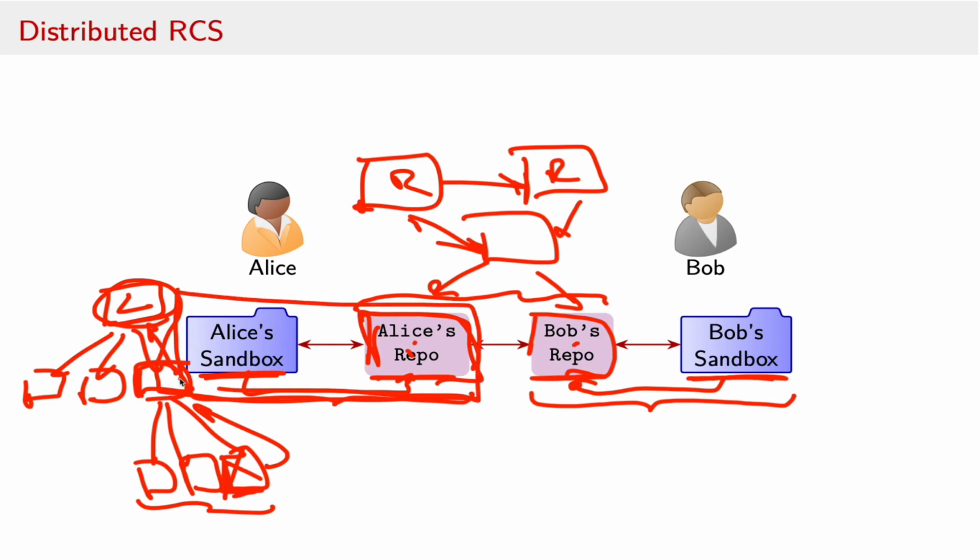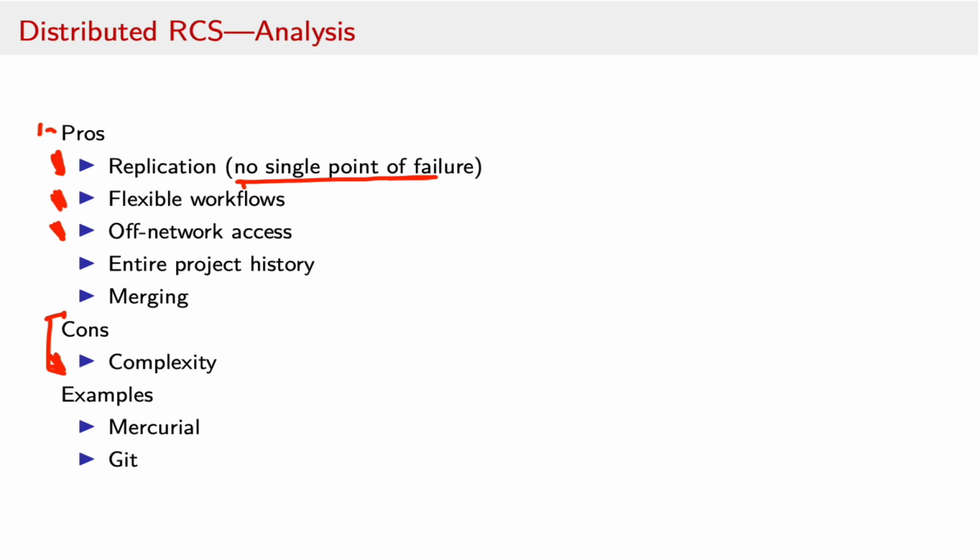This entire collection, her sandbox and her repo, could both be on her laptop. So she has access to the repository while she's on the airplane. If she wants to look at the history of the project or make changes and check them into the repository, she can do that. And then when she lands and gets better internet connectivity, she can synchronize her repository with other members of her team to share those changes, and vice versa. You have the entire project history right with you.